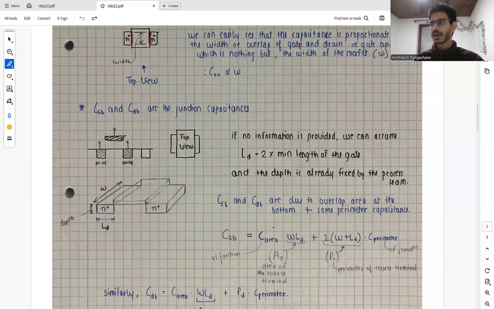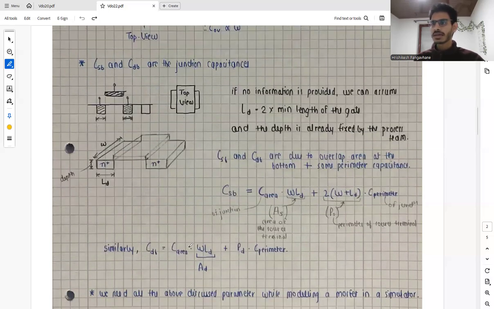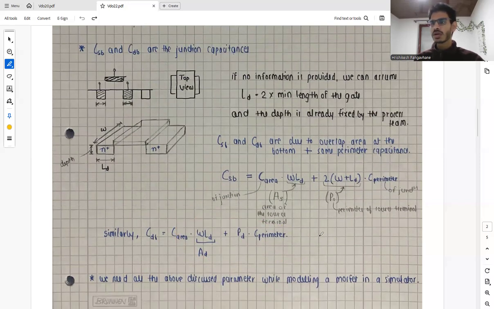CSB can be given by the capacitance per unit area of the junction times the area of the source terminal, plus the perimeter of the source terminal times the capacitance per unit length of the junction perimeter. Similarly, CDB can be given in that manner, and we need all the above discussed parameters while modeling a MOSFET in a simulator.